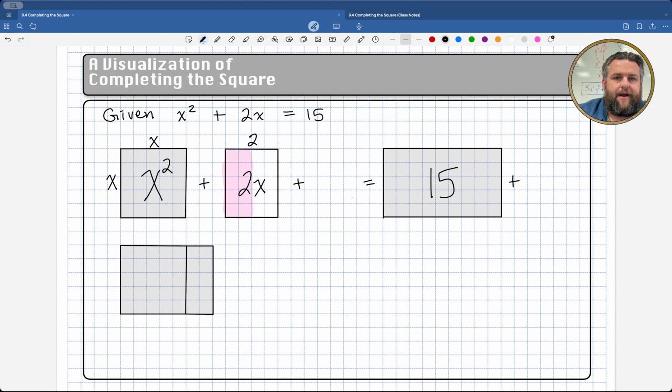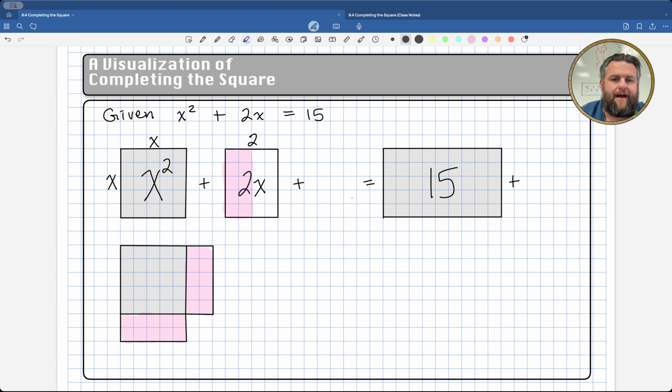Then I'm going to take the other half, which is also the same color, and we're going to put it along the bottom. We'll shade this piece in, since it's also the same as the other half.